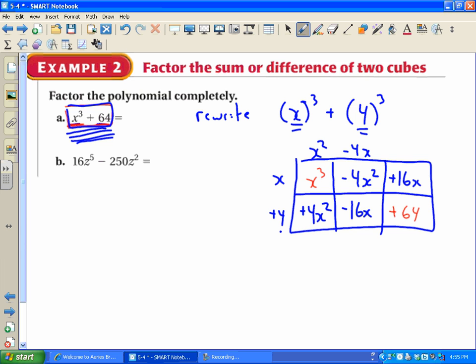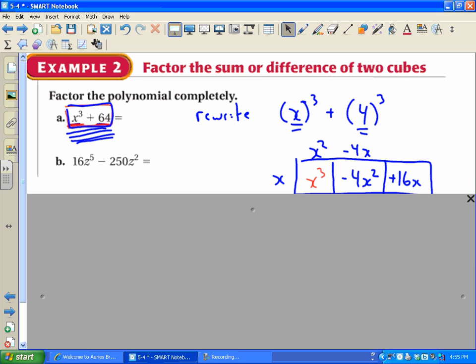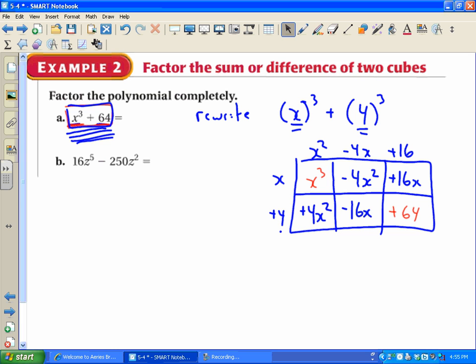And if I've taken out the x and I'm left with 16x there, this must be a positive 16. That's the only way that'll make that work. And at the end, you have a check. Double check that positive 4 times positive 16 equals positive 64. And it does. So that's how we factor the sum of cubes.